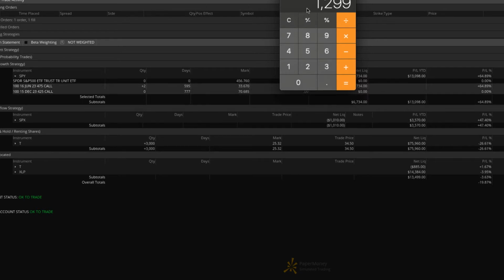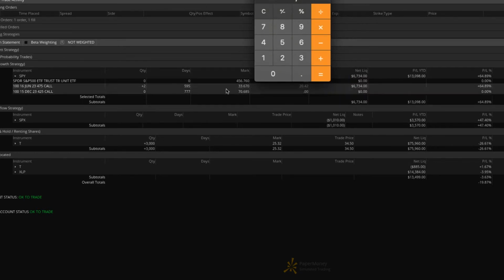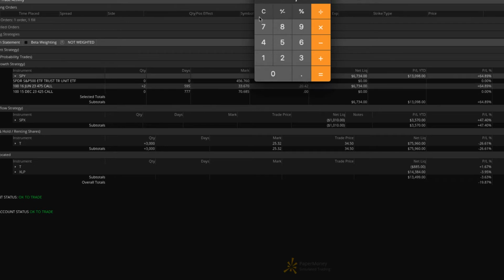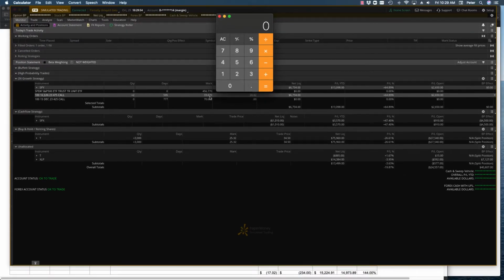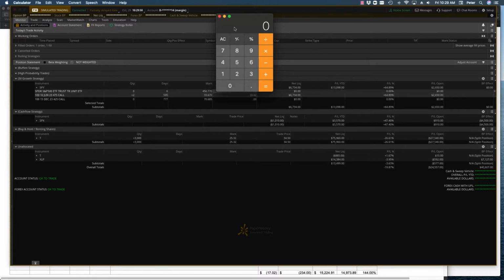Now this next trade, we paid $20.42 and it's at $33.60, so it's almost at that $41 mark. Let's do the math here: $33.67 minus $20.42 equals $13.25, and don't forget we did 2 contracts, so times 2, now we're at $26.50. That's our profit right now.